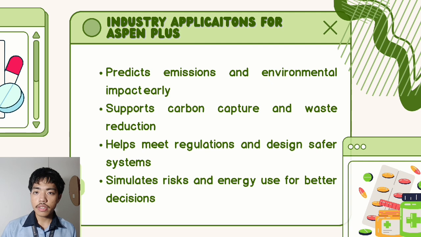It helps predict emissions and shows the impact of a system before it's built, so companies can reduce pollution early on. It also supports carbon capture and waste reduction efforts. And for sustainability and compliance, it helps industries meet regulations and design safer systems. It can simulate risk and energy use, which makes decision making easier and more responsible. So overall, Aspen Plus helps industries work smarter, cleaner, and safer across the board.